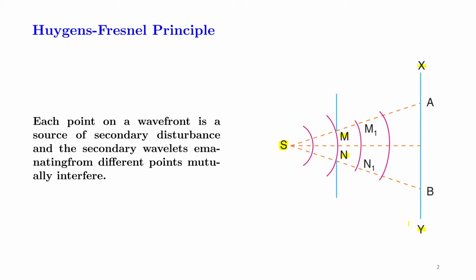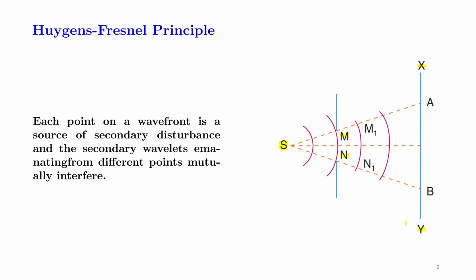AB on the screen represents the illuminated portion of the screen. Above A and below B is the region which is known as the geometrical shadow.